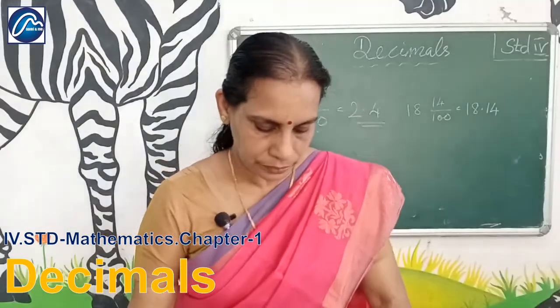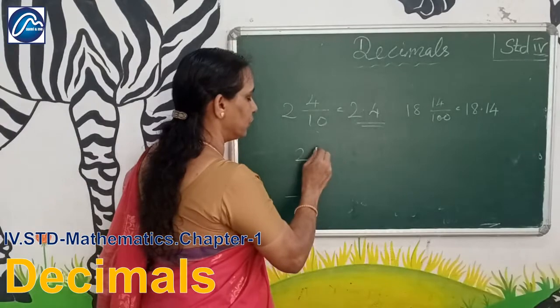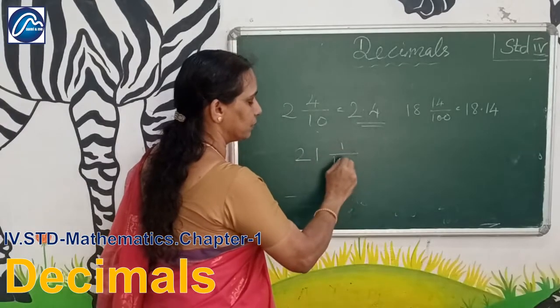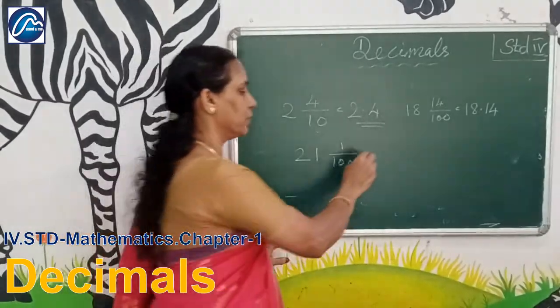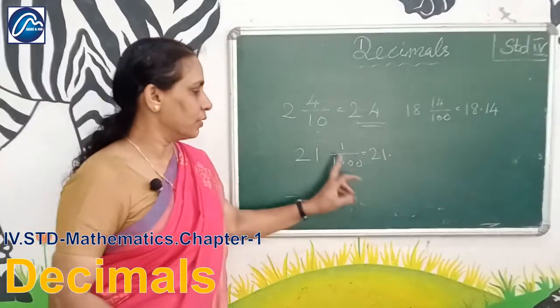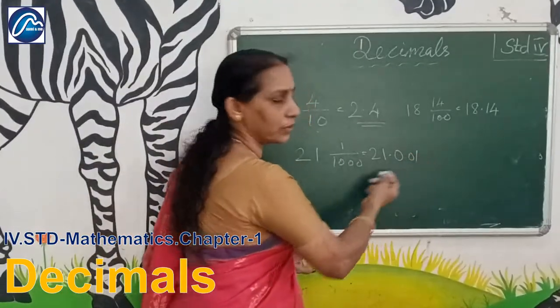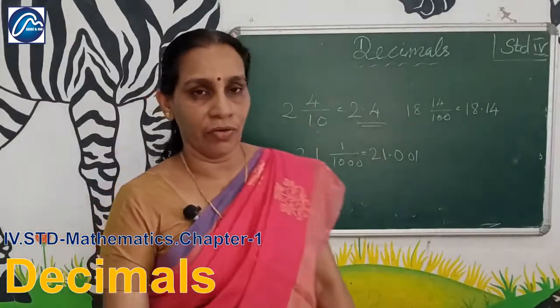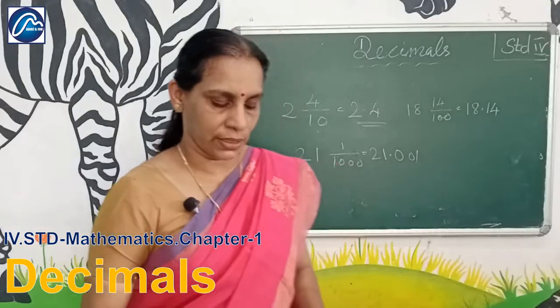Then 21 and 1 by 1000. After 21 we need 3 digits. We have only 1 digit, so 21.001. Okay. This is how we write fractions as decimals.